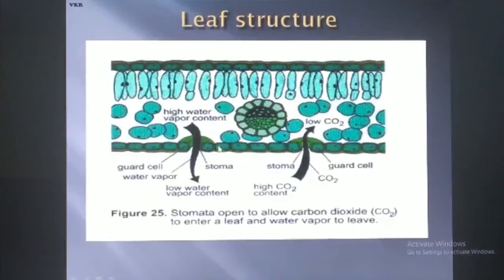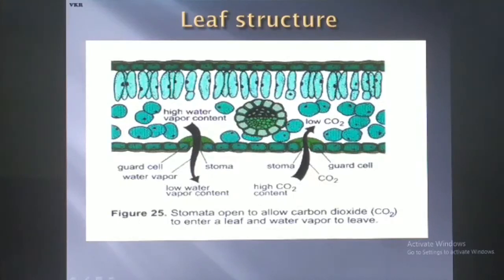Alright, yeah. Here the leaf structure is looked at again: upper parenchyma, upper epidermis, palisade mesophyll, spongy mesophyll. Now what happens here? You can once again go into it: when the higher water vapor content is present inside the leaf, expansion takes place, the vapor gets out, and the guard cell opens. When the water vapor is low outside, what happens?